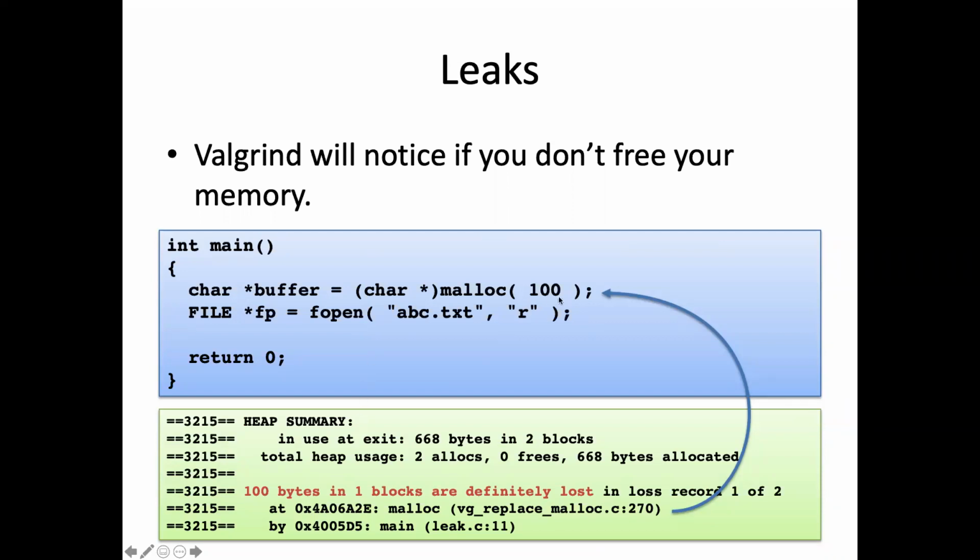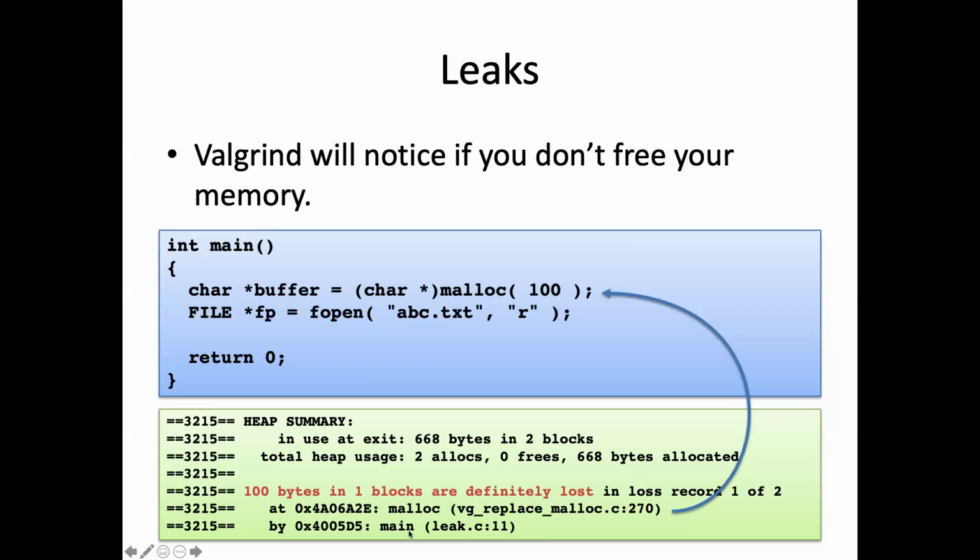Here I allocate space for 100 bytes of memory, but then I let my program terminate without ever freeing that memory. If I tell Valgrind to report on leaks, at the end it'll give me a report like this. You allocated 100 bytes in one big block that you never freed. Definitely lost means you didn't free it, and at this point, you're not going to be able to free it.